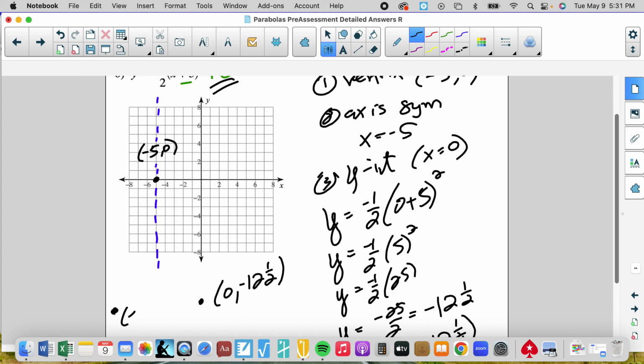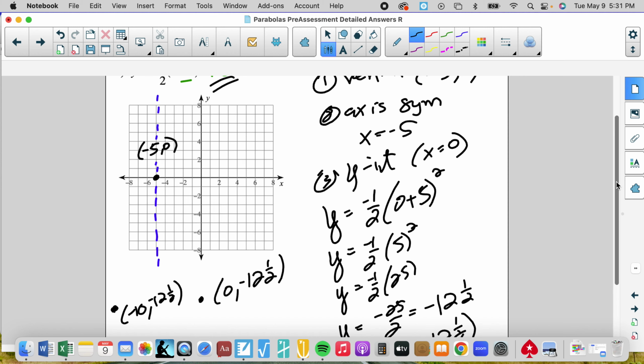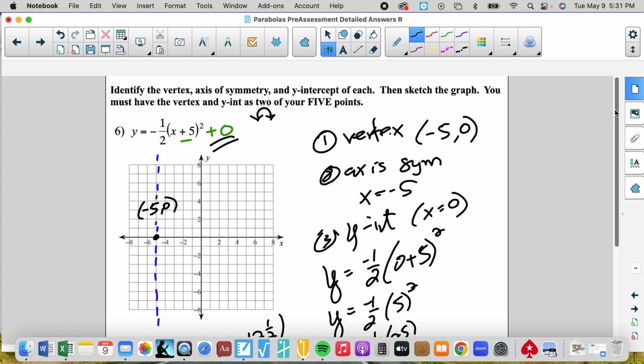I'll write it inside, negative 10 on my x, negative 12.5 on my y. Now we've got to find the fourth point. Again, notice that my a is a fraction. I'm going to have to multiply by 1/2 after squaring this. So I'm going to pick a value that's going to pop out a multiple of 2.